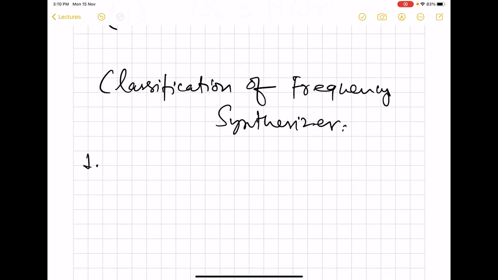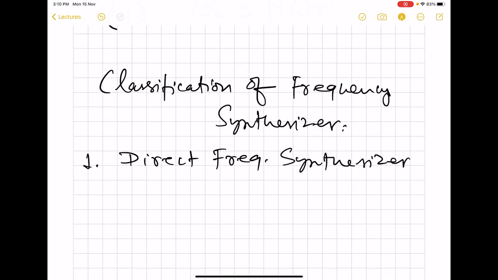First is called direct frequency synthesis or synthesizers, in short DFS, or later on we will see, more appropriately, direct digital frequency synthesizers.